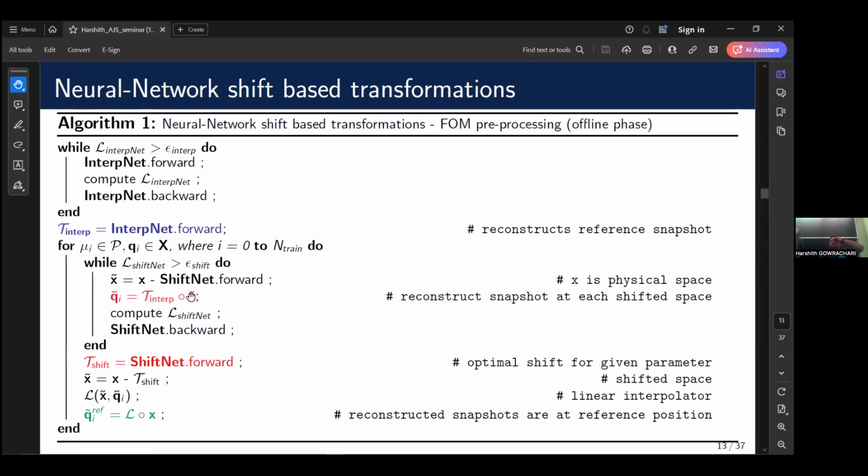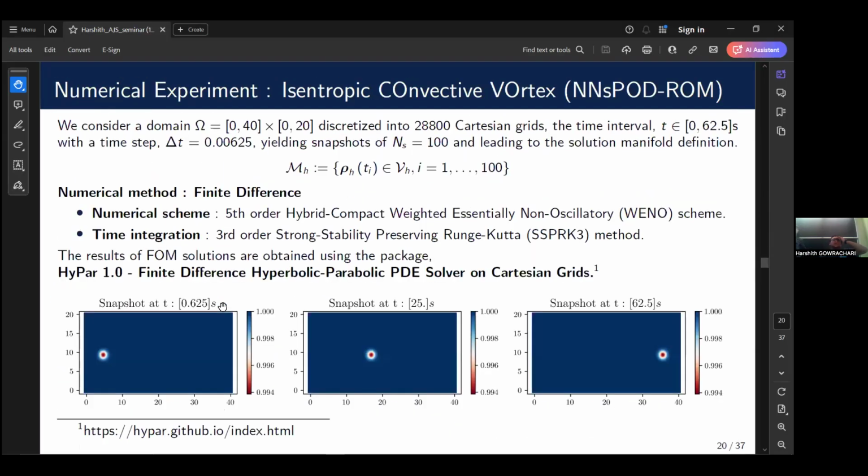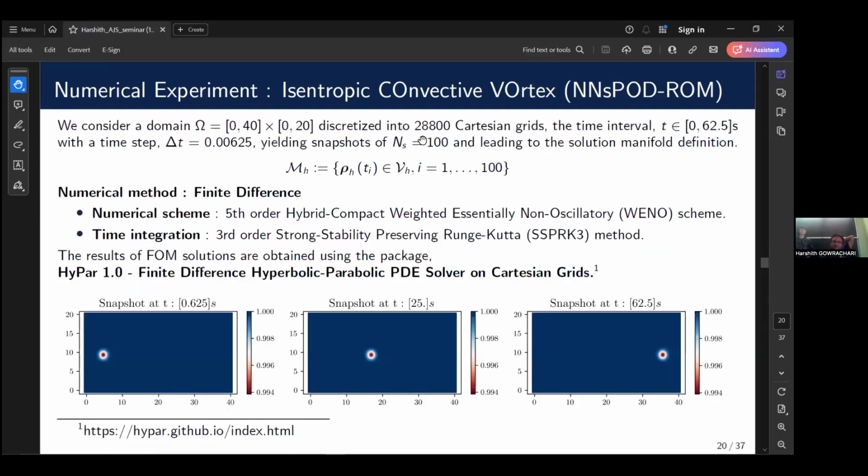And how long did the whole process take? For this two-phase case with 2000 grid points, half an hour. For this other case, which was almost 29K, I think I spent half a day.